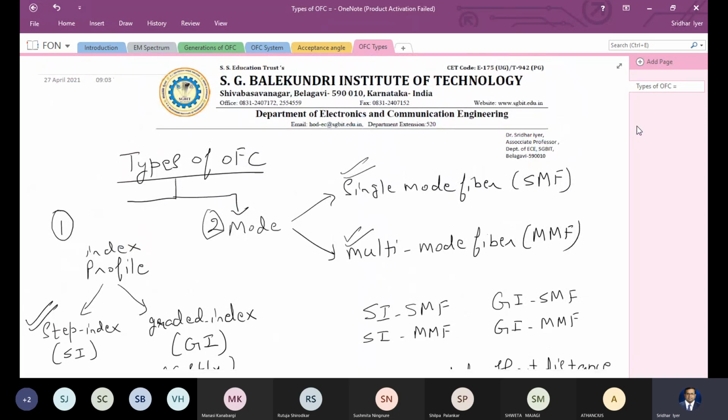We'll also look at the ray theory in understanding in detail what is the concept of ray, and then we'll move on to solving a few numericals based on what we have derived today in terms of the acceptance angle. We'll also look at mode theory if possible, and then move into the details of single mode fiber, since that fiber is used mostly in comparison to multi-mode fibers.